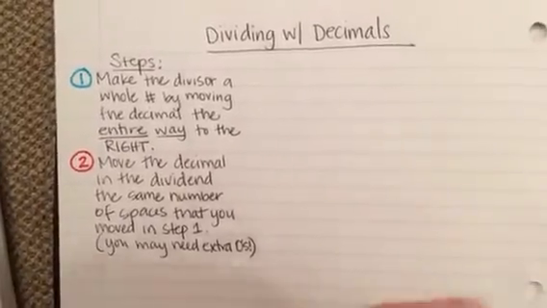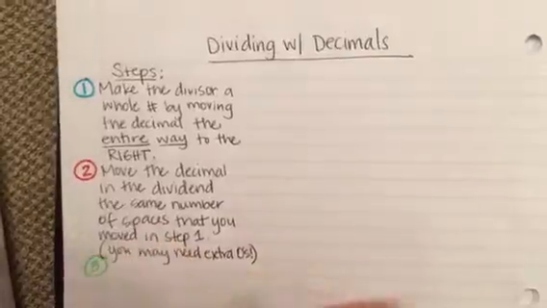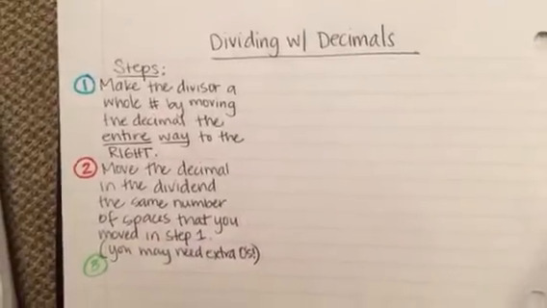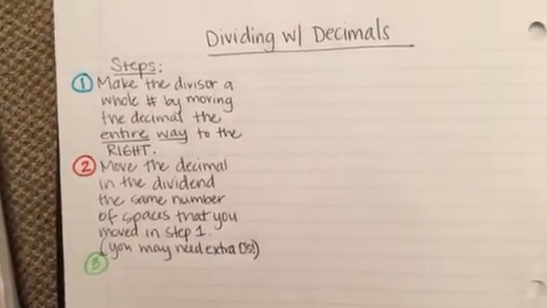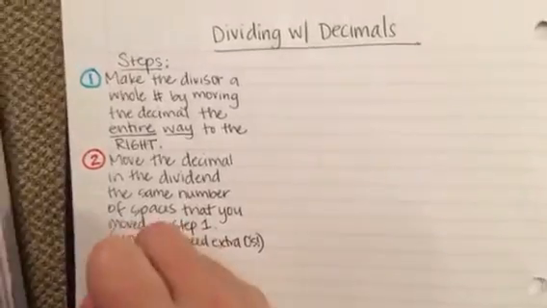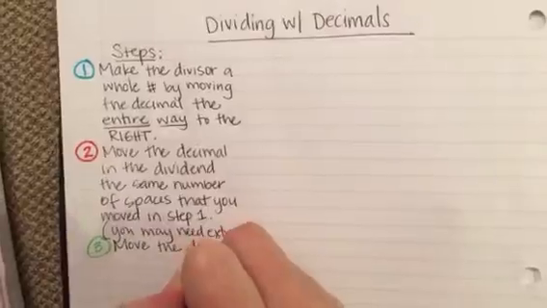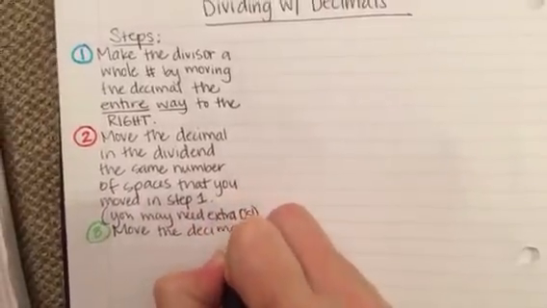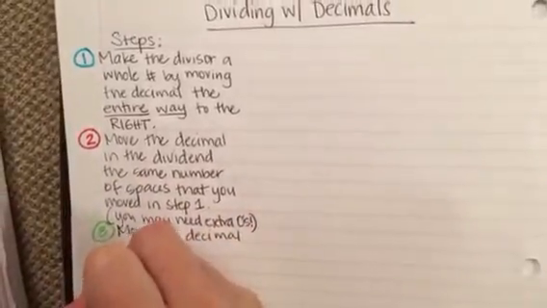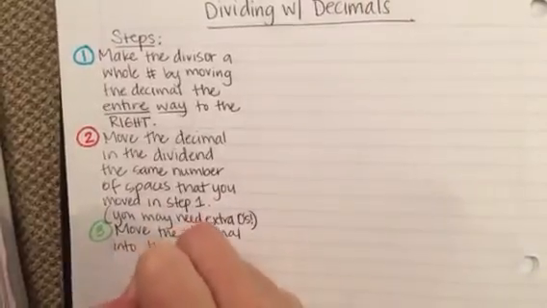Okay? Step number 3. Step number 3 is you move the decimal into the quotient.